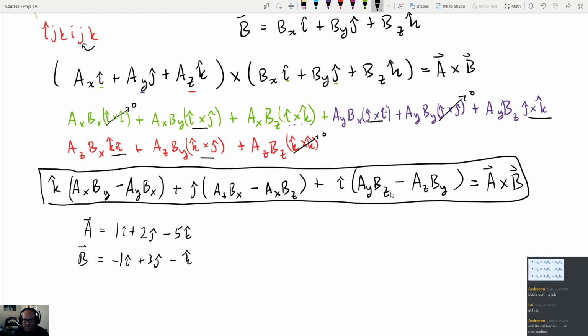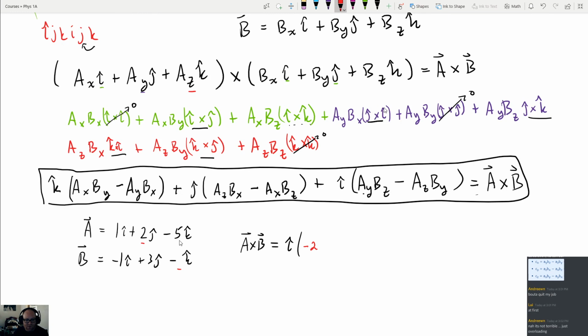These are all going to show up in here to give you your vector, right? It's going to take some calculation, but let's see how quickly we can do this. So our I hat term, we take AYBZ. That's 2 times negative 1, which is negative 2.